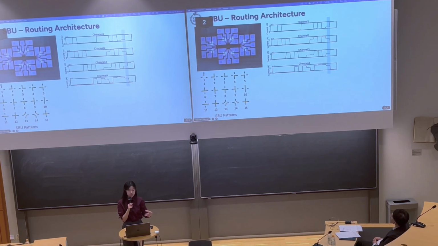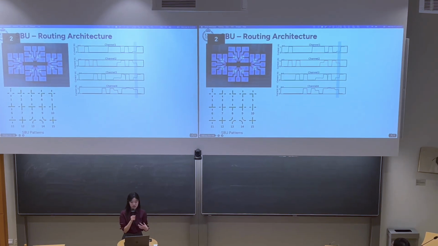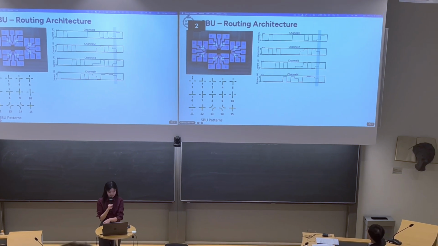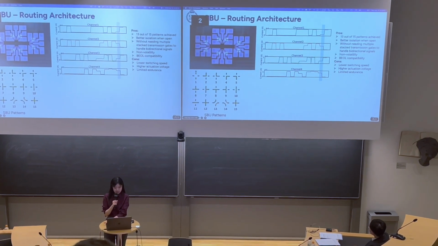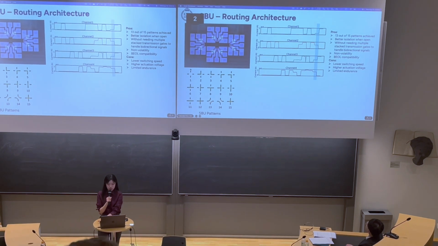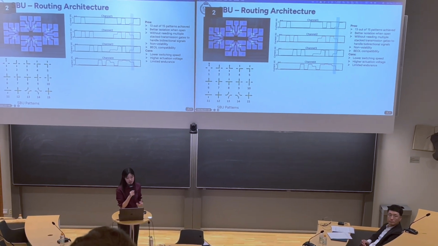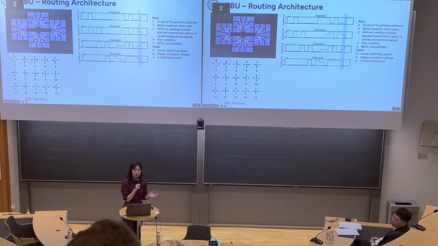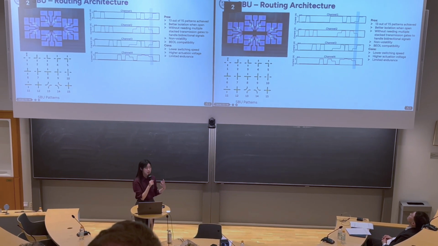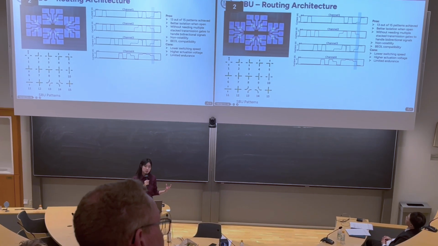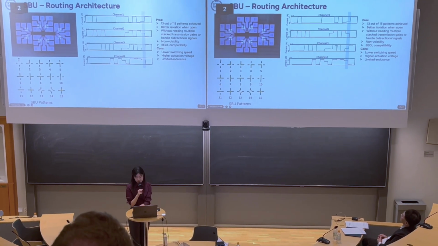So with those 4 switches, we can get 15 different routing configurations. This is very useful for power critical routing because there is no need for multiple stacked transmission gates to handle bidirectional signals, because the 7T NEM switch itself is intrinsically non-volatile.